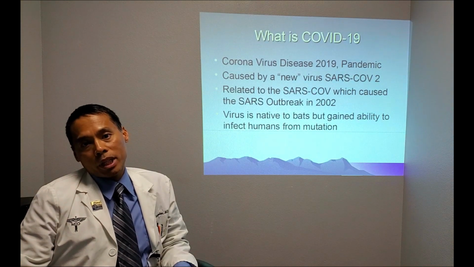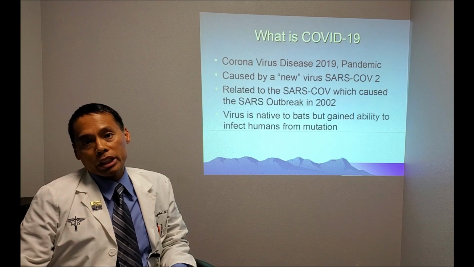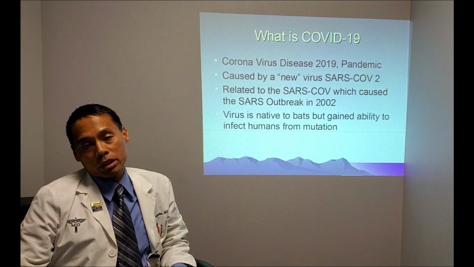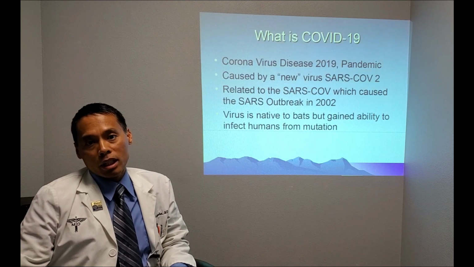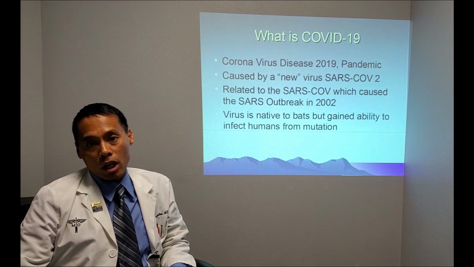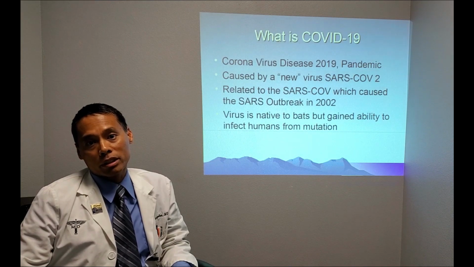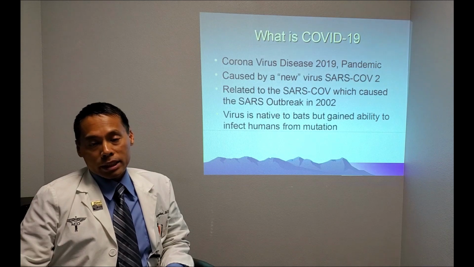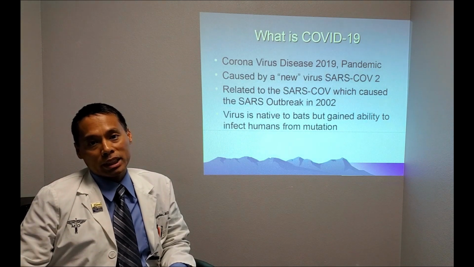For this particular viral strain, it is new because it originated from viruses that will typically infect bats. And through mutation, this novel coronavirus attained the ability to infect human hosts. And because it is new, no one in the world has any immunity against it.